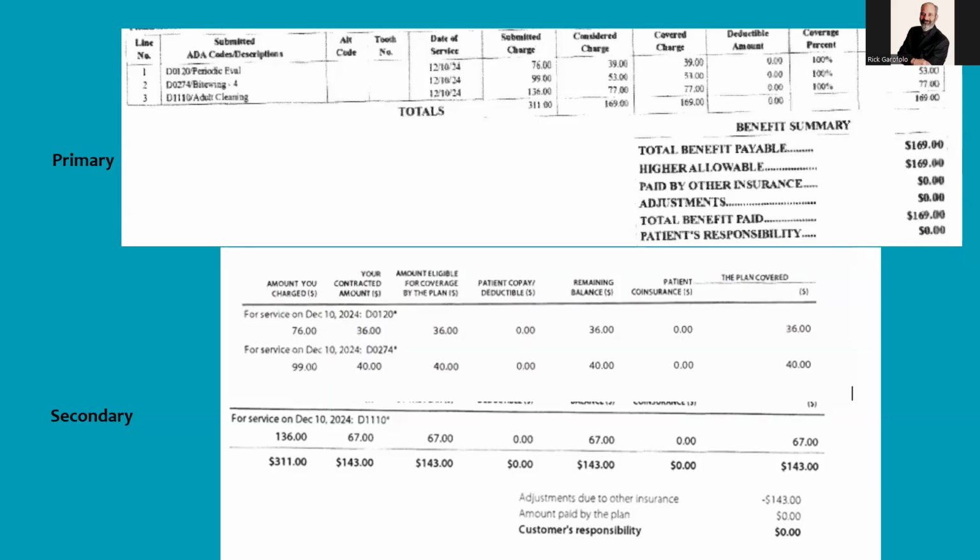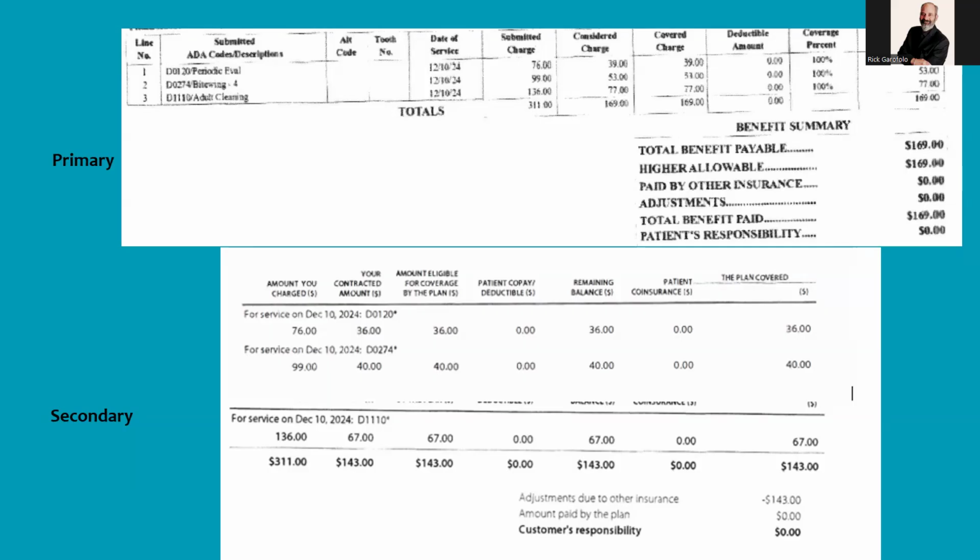Here we see that secondary also paid 100% of their plan, but they did an adjustment and ended up paying $0 because we see Cigna coordinated benefits and said the primary paid equal to or more than we would have if we were primary. We're paying nothing.